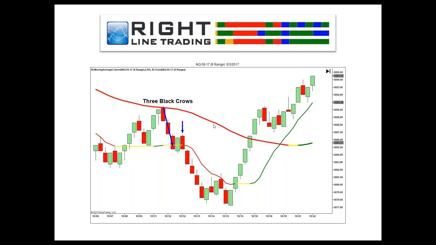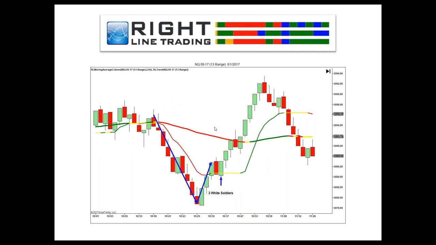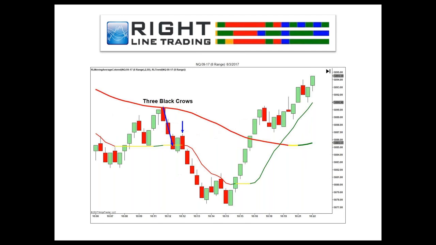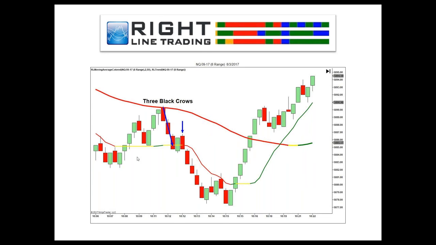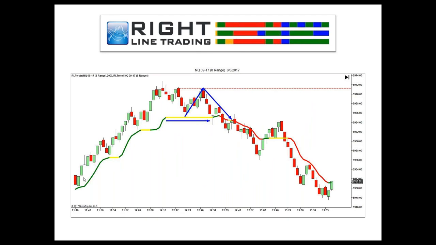But I do not believe that's going to be the case with the modified 15, because I believe that the 15 is a dual component indicator, and because it is, we're going to get a direct correlation between the break of a pivot and the slope of the modified 15, because it's not just momentum, it's also volatility.